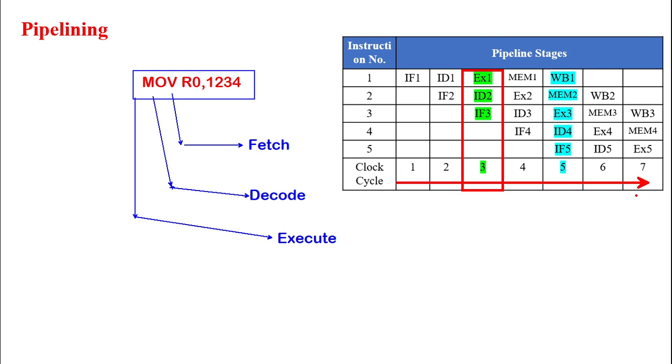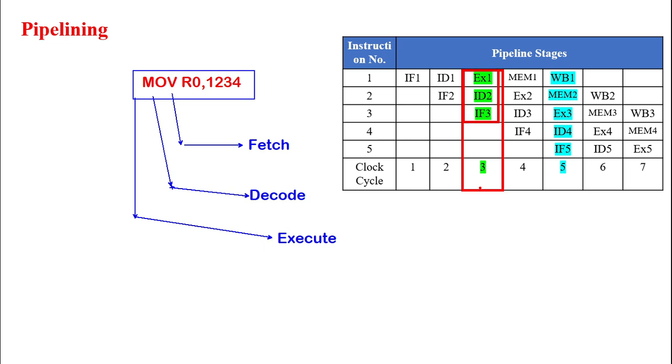I have given the numbering here: instruction fetch 1 in the first cycle, decode 1 in the second cycle, and execution 1 in the third cycle. If you observe clearly, in the third cycle, there is execution of the first instruction, decoding of the second instruction, and fetching of the third instruction. This process is called pipelining.